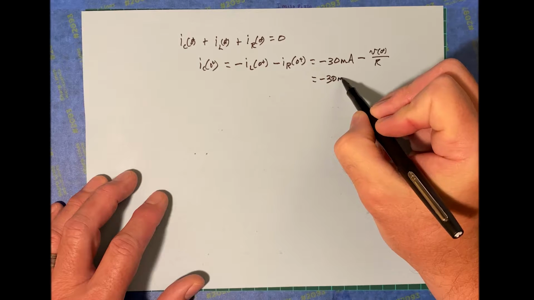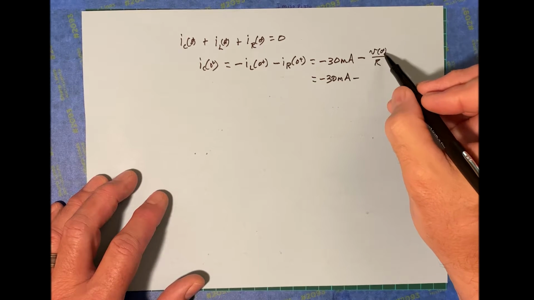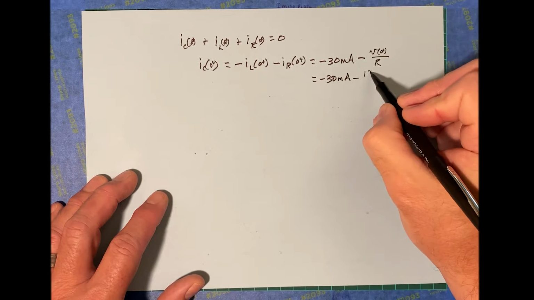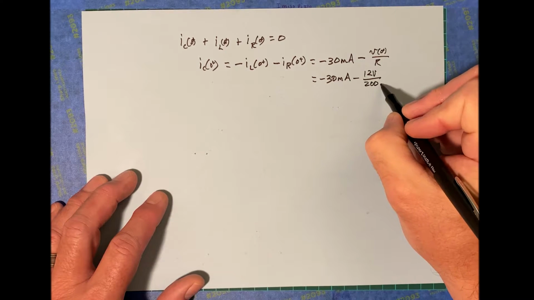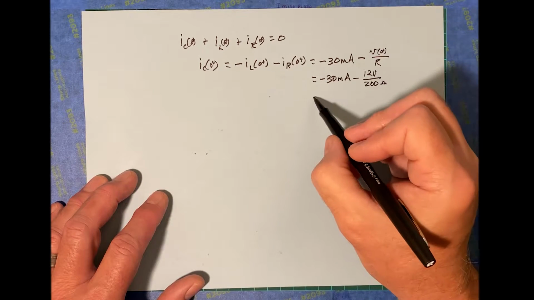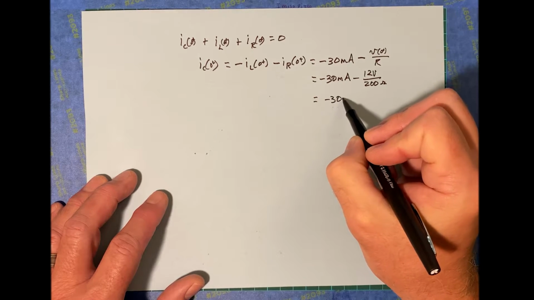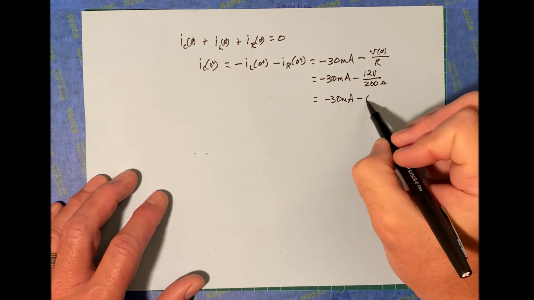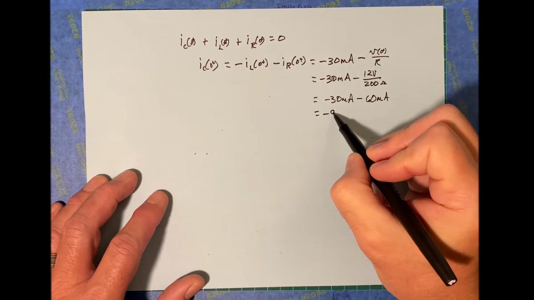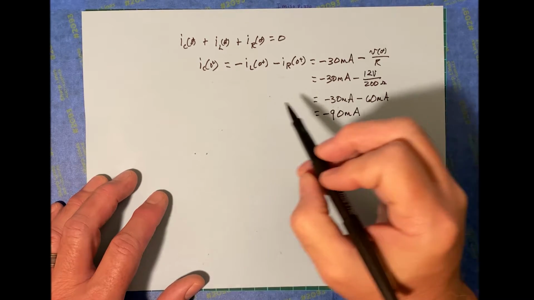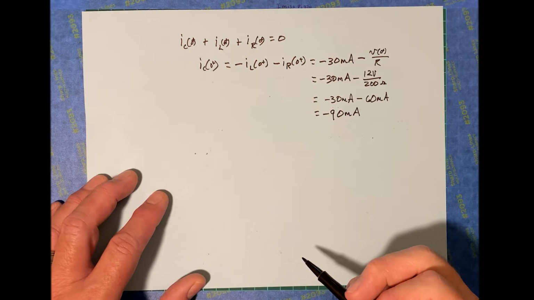Minus 30 milliamps minus V at 0 plus. We were told that was 12 volts divided by our resistance of 200 ohms. If you do that, that turns out to be minus 30 milliamps, and this turns out to be minus 60 milliamps. So minus 90 milliamps is what I sub C at 0 is.